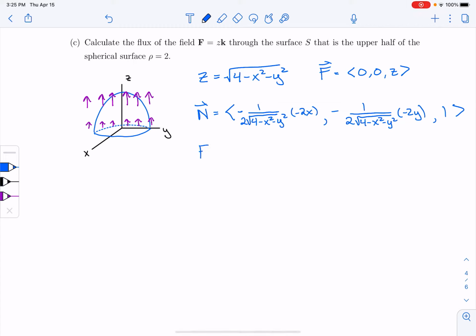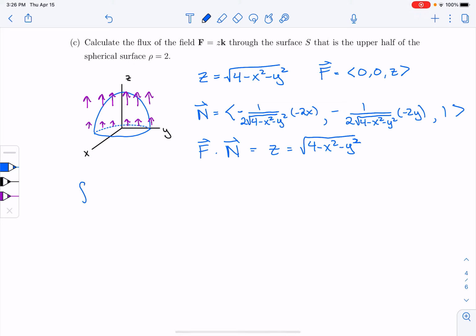Because we're going to do F dot n as part of our surface integral, then F dot n is just going to be z. And so that can be written as square root of 4 minus x squared minus y squared, because we want to represent z as being on that surface of the sphere.